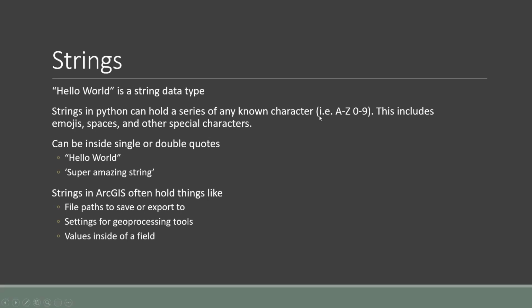So you'll see alphanumeric characters, so A through Z, 0 through 9, and so on. But then things get really weird. ArcGIS Pro is using Python 3, and Python 2 is what ArcMap was running on. One major change between the two is Unicode characters.